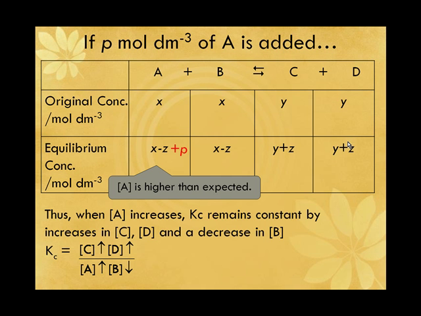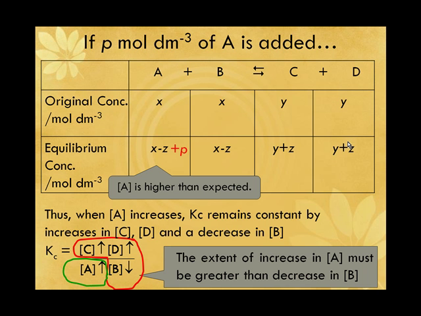If we keep the temperature constant, Kc must remain constant, but now we have a higher concentration of A. So how is it that the Kc can be kept constant by the system? This can happen if C and D increase. The concentration of C and D increases, and the concentration of B decreases.